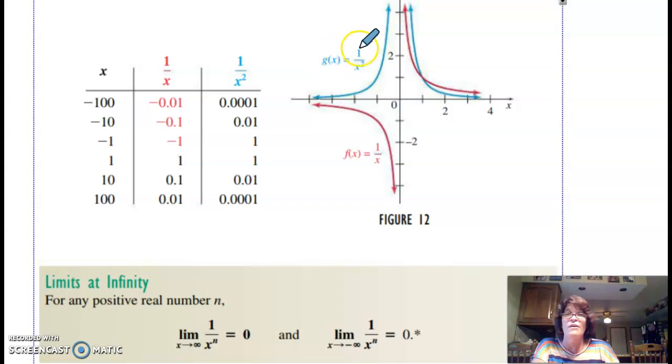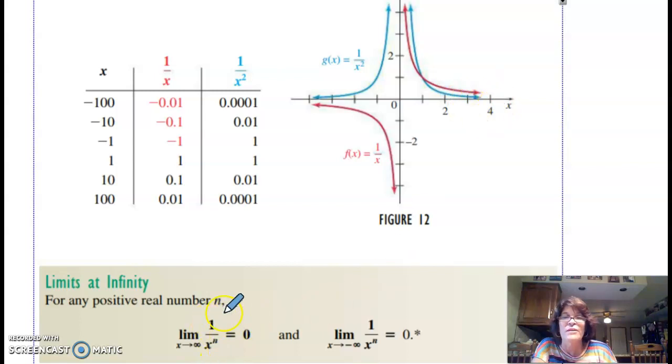This is the graph of 1 over x squared. It's the blue graph. We know what 1 over x looks like. That's the red graph. 1 over x squared is the blue graph. And what we notice is that no matter what, as x gets closer and closer to infinity, the y-coordinates get close to 0.